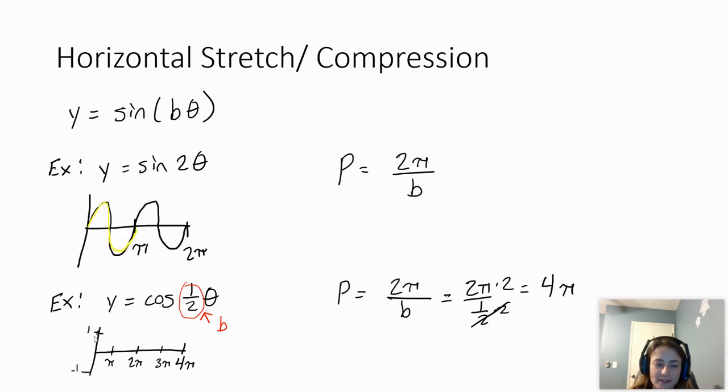So cosine starts at the max, goes to the midline, min, midline, max. So it stretches cosine so that one period is now 4 pi. It's twice as big.